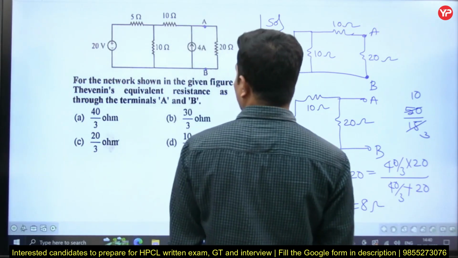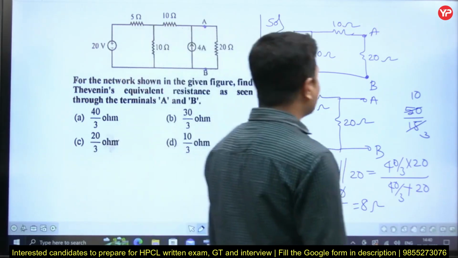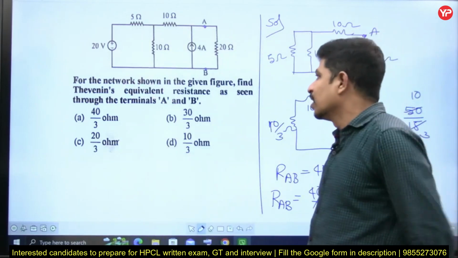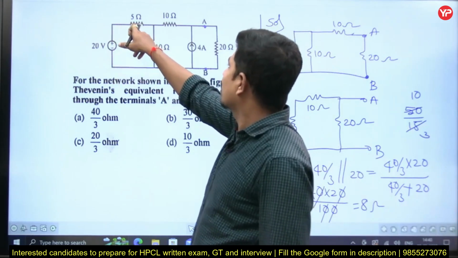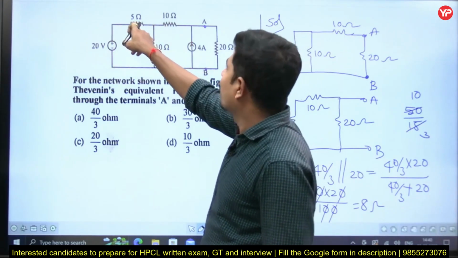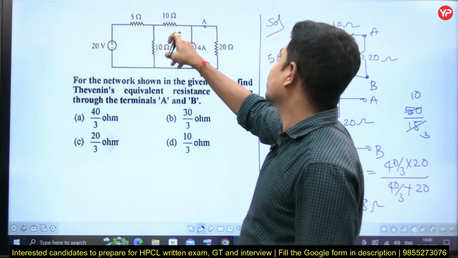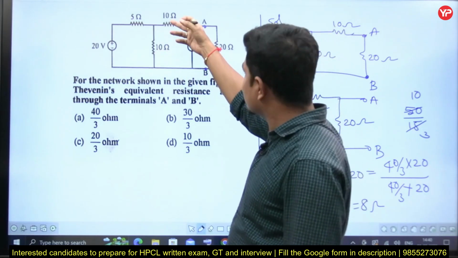That is not there in the options. Check the calculation carefully. I think we did it correctly. This is short circuit, these are in parallel, that is in series. 5 in parallel with 10 is 50 divided by 15, in series with 10.